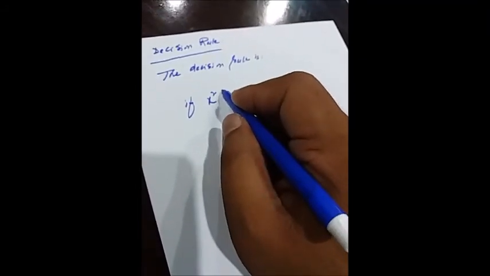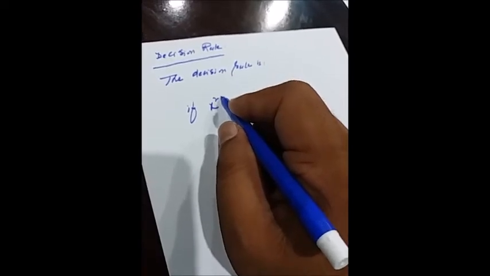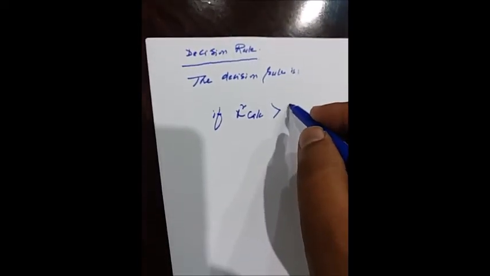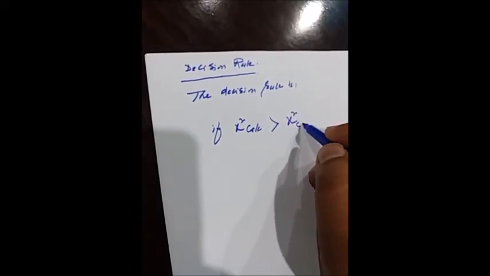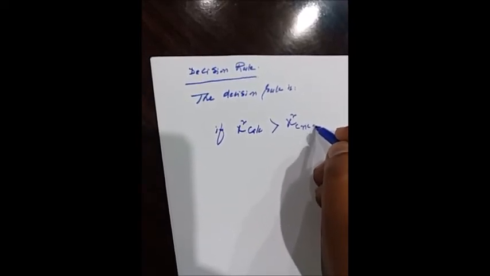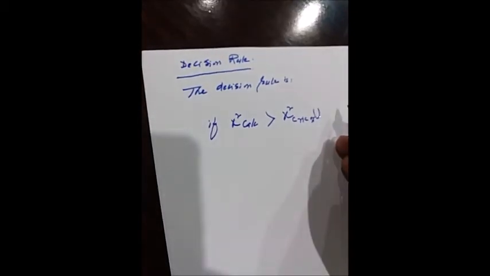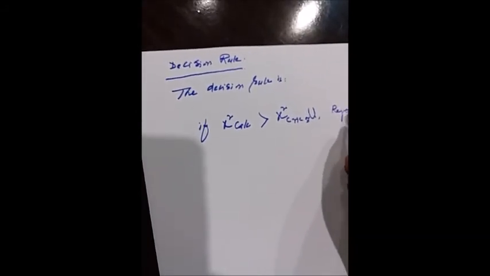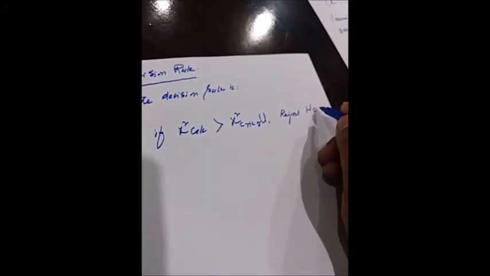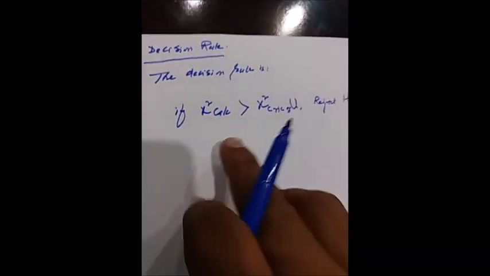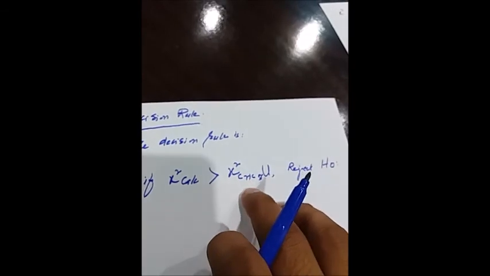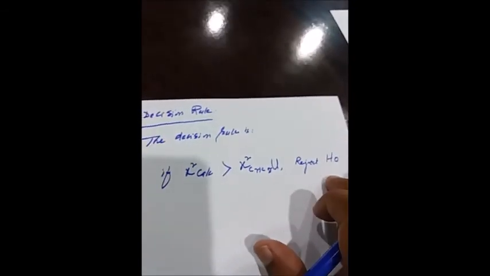As we already know, if chi-square calculated is greater than chi-square critical or tabulated, then reject H naught.